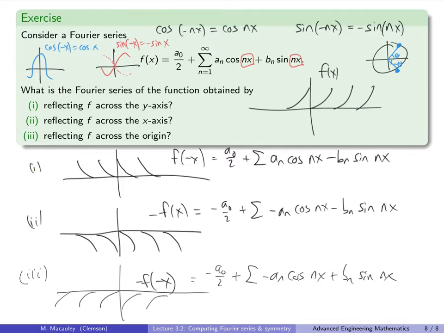So for this first one, the bn's flip signs and become negative and the an's are preserved. For this last one, the an's become negative and the bn's are preserved. And for negative f of x, the second one, everything switches sign.